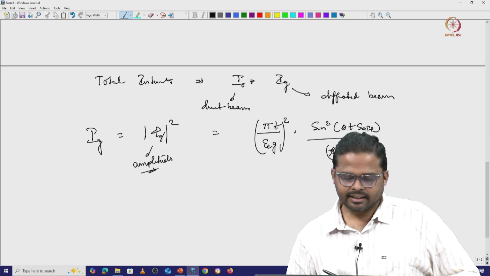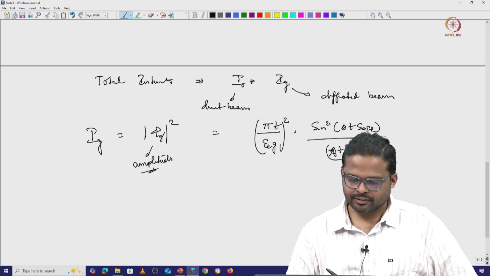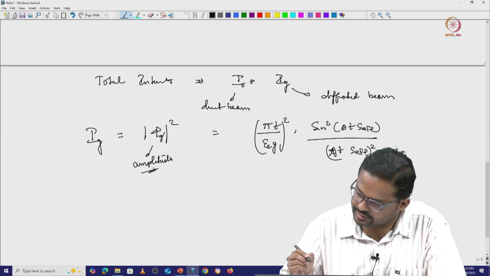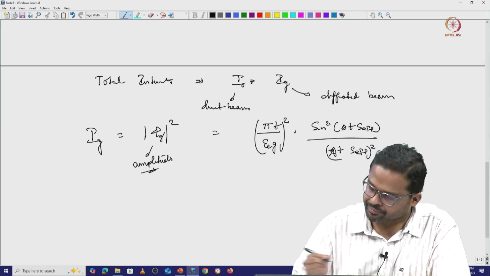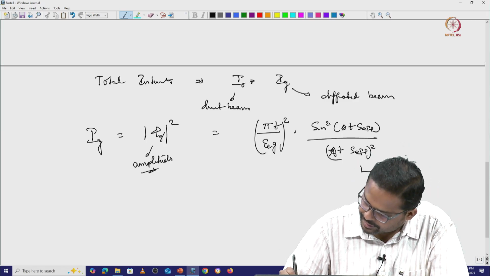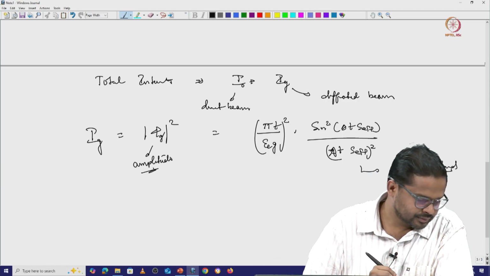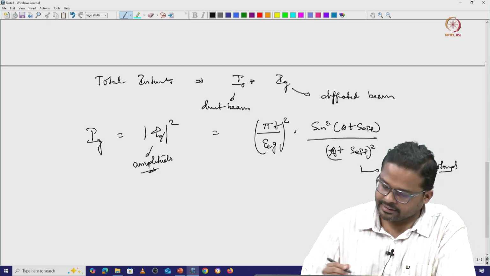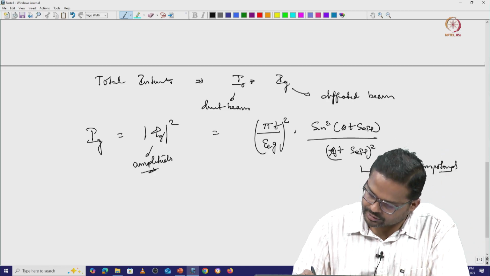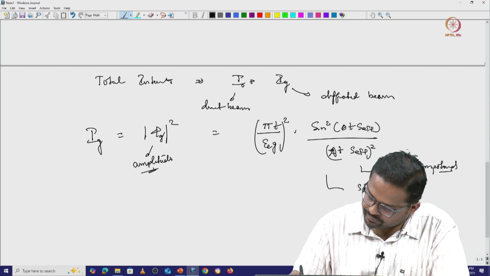Okay. So, here there are certain terms which we need to understand. So, we will just describe one by one. Okay. And this terminology is very important to understand the diffraction contrast.